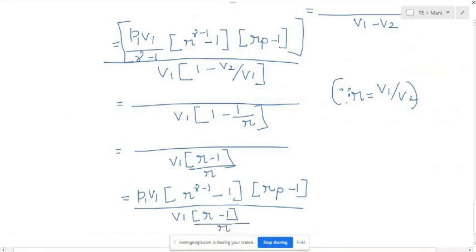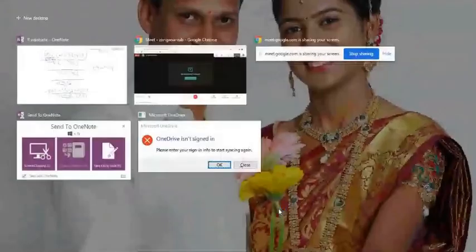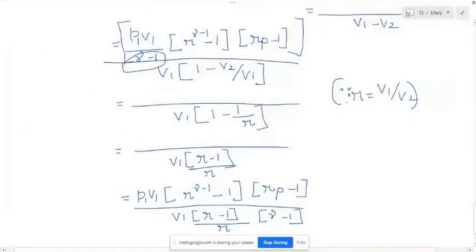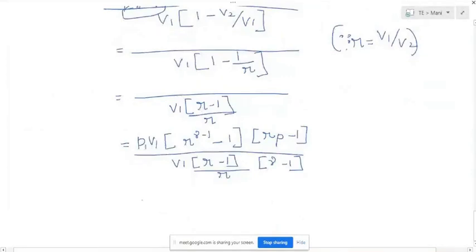So here you have one more term, gamma minus 1. So from the numerator, r power minus 1 and r power minus 1 get cancelled. The remaining things, V1 and V1, get cancelled.